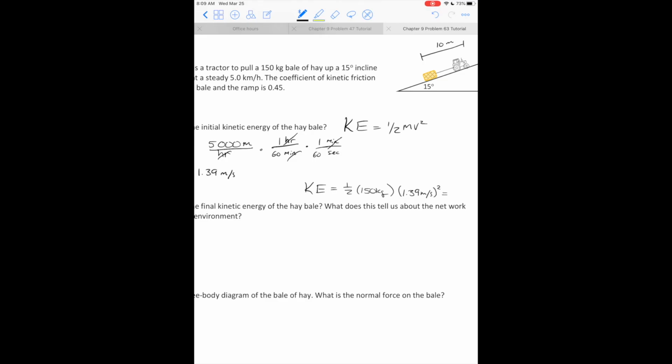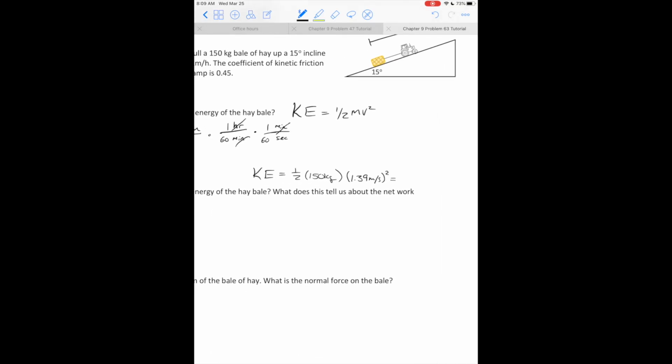If I were to calculate that, 0.5 times 150 times 1.39 squared, I get 144.9. You know what? Let's just say 145. 145 joules of kinetic energy to begin with.